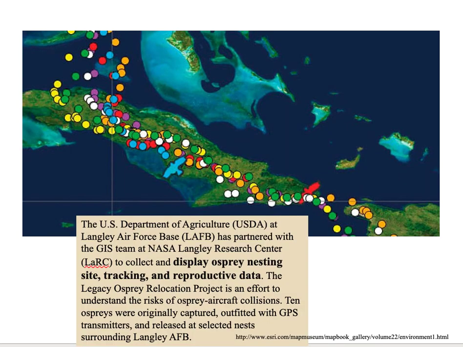GIS can be used for ecological applications, like we see here. The U.S. Department of Agriculture has partnered with the GIS team at NASA to collect and display osprey nesting sites, tracking and reproductive data.